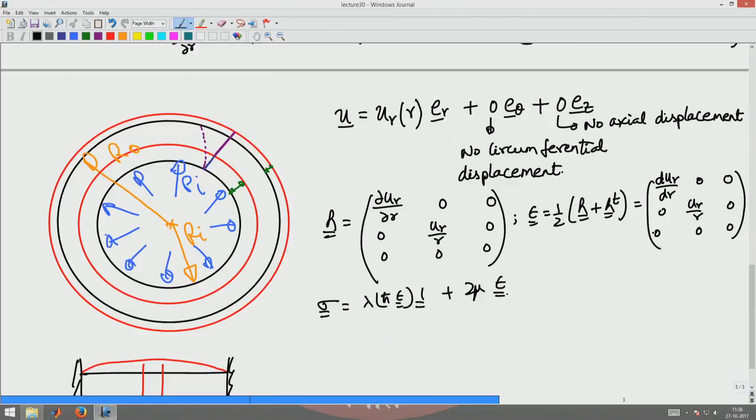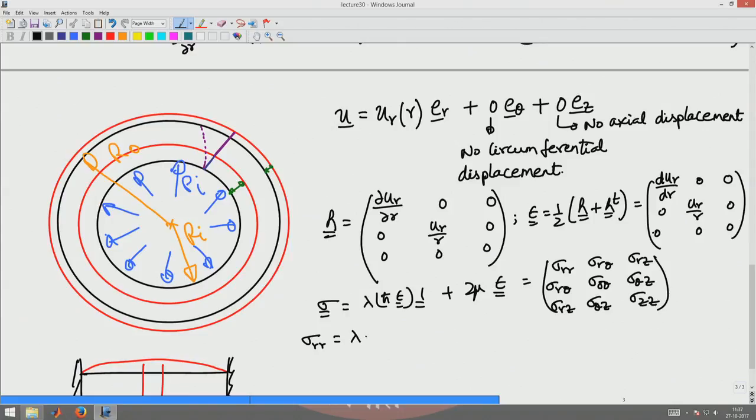Okay. This will give me the non-zero components, which are the diagonal components of the stress, the radial stress sigma r r. The components sigma r r, sigma r theta, sigma r z, sigma theta theta, sigma theta z, sigma z z are the cylindrical polar components of the stress, and the strain components are cylindrical polar components of the strain. So, I am equating sigma r r with this equation.